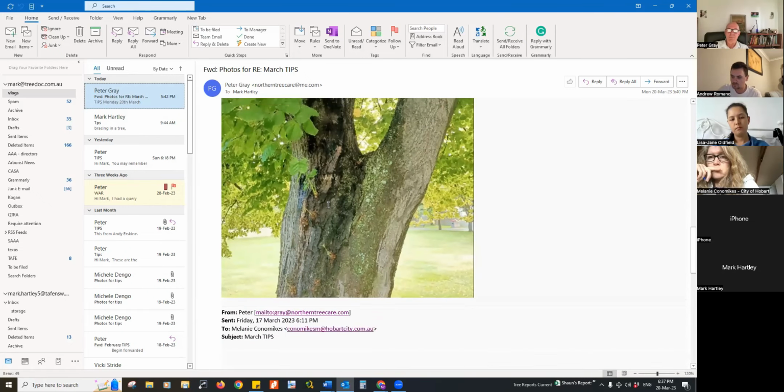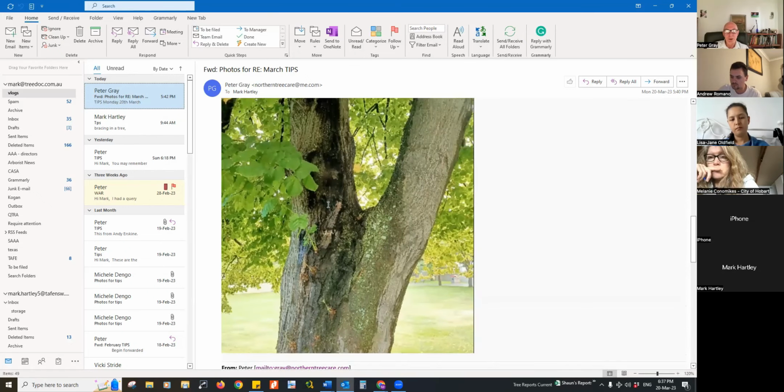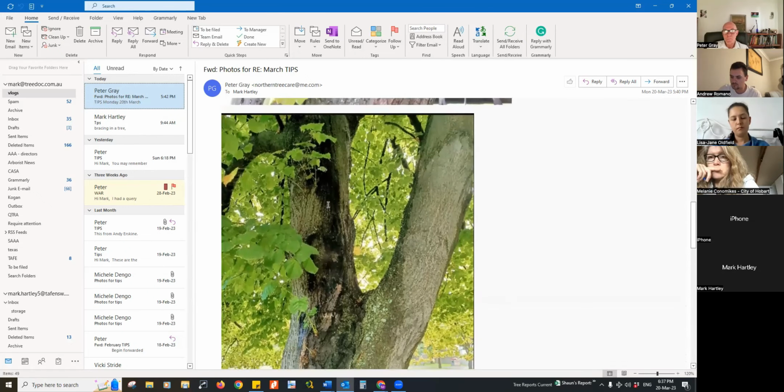Would you see indication in the crown as well? The indication, so it's a fungus that initially will start attacking roots and absorbing roots. So you'll see the typical symptoms of stress, drought stress, depending on how quickly it gets going and what sort of environment the tree's going through.